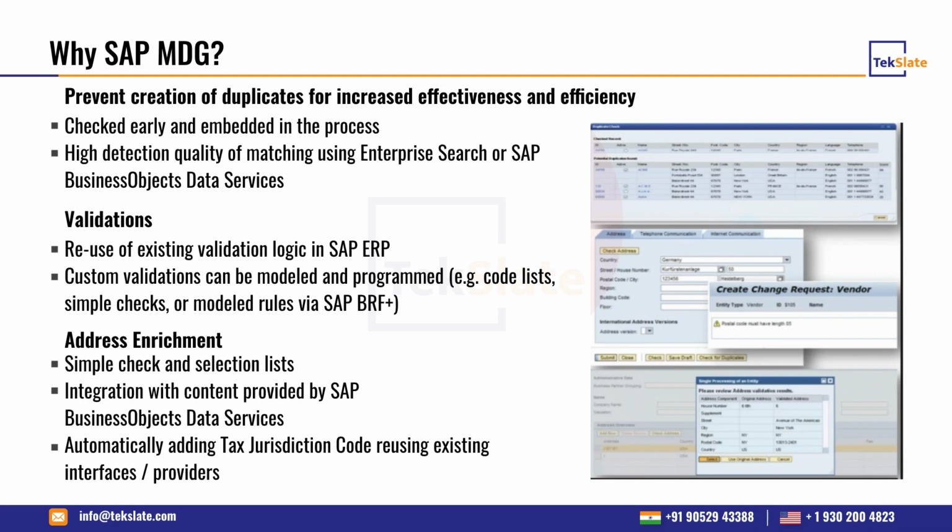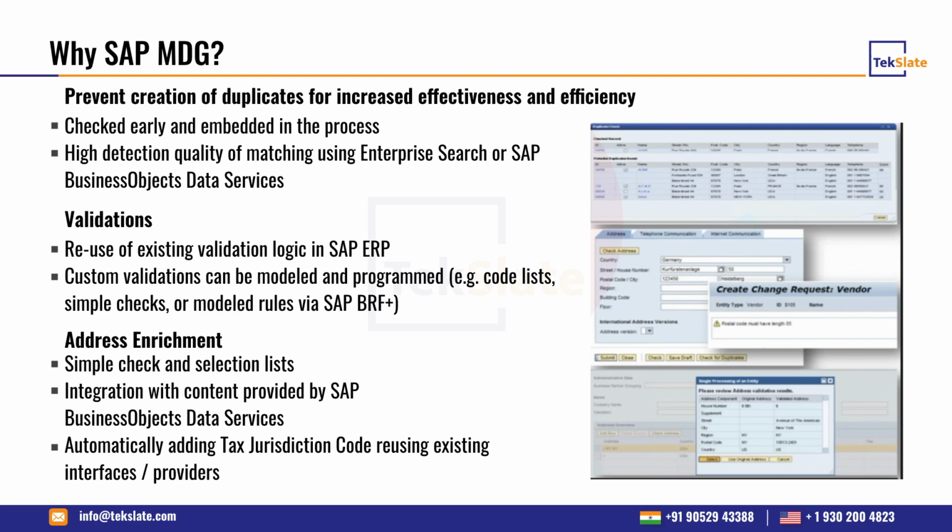Once you create the CR, based on the business users' requirements and the fields, it consolidates the data in the backend and shows what percentage the record is a duplicate. It compares the two records and tells us, for example, that 80% of the records are matching.